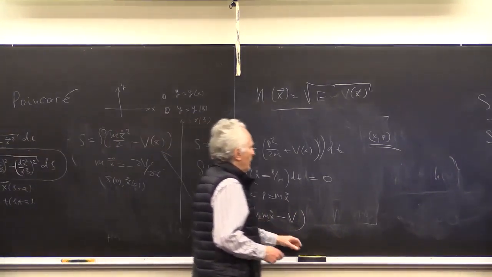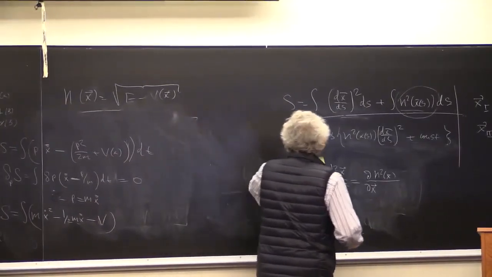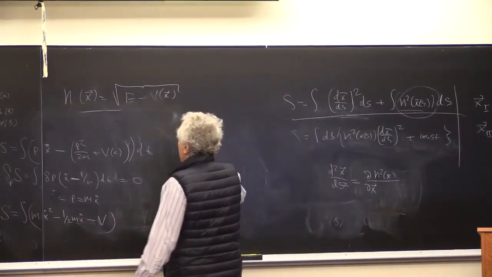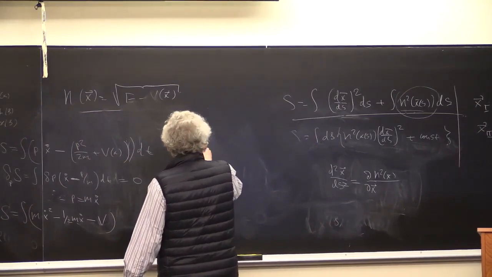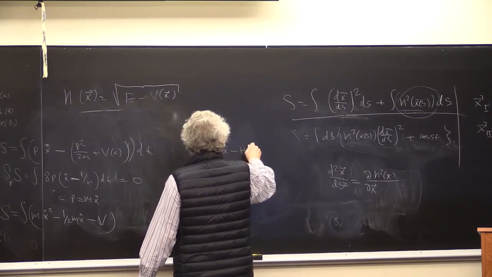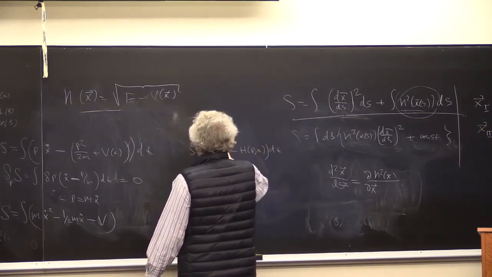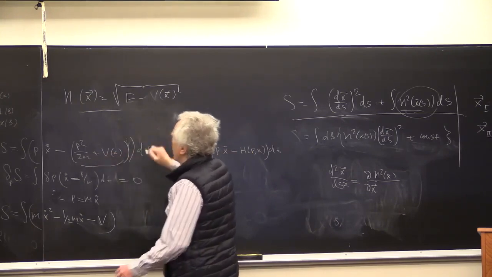Very naive thing. We can more generally look at actions of the type p x dot minus H of p and x, dt, where H is this thing.